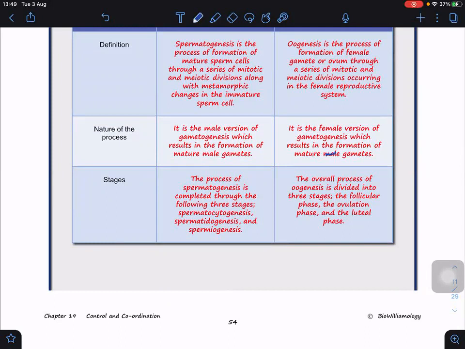Sorry, guys, my mistake. Female gamete. So for stages, spermatogenesis is completed through 3 stages: spermatocytogenesis, spermatidogenesis, and spermiogenesis. And for the female, we have the follicular phase, ovulation phase, and the luteal phase. This one we're going to learn in detail next lesson when we talk about the menstrual cycle.